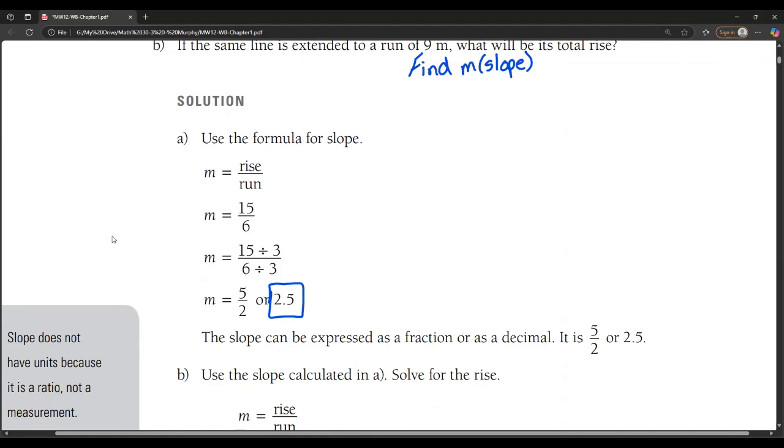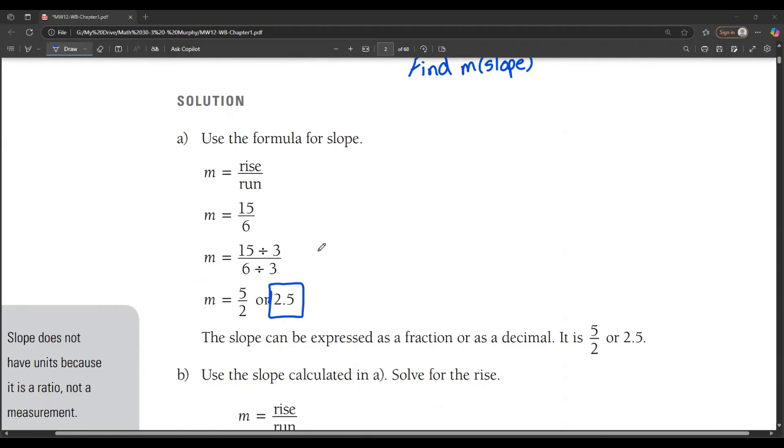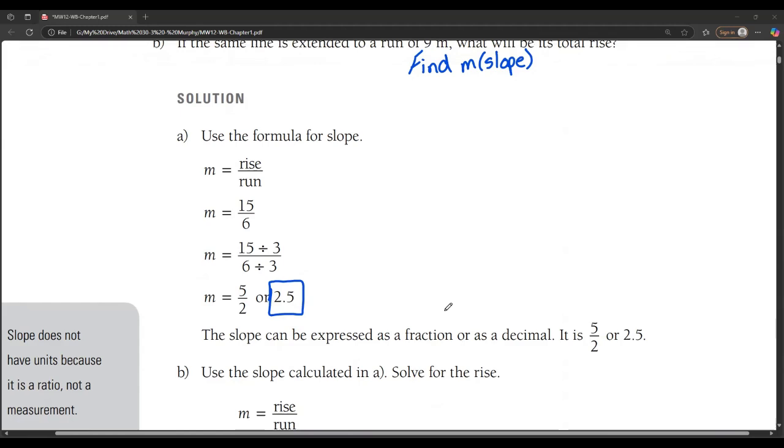But the calculator trick is you hit the math button right here and you just press enter and it will turn it into a fraction. And there you go. But again, I think for most purposes that we're going to have in here, just put the decimal answer. Okay, and one decimal place is fine.